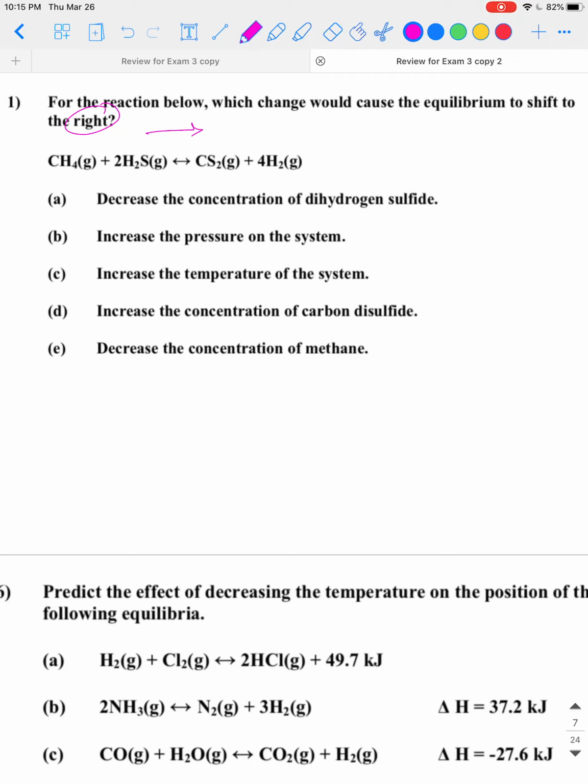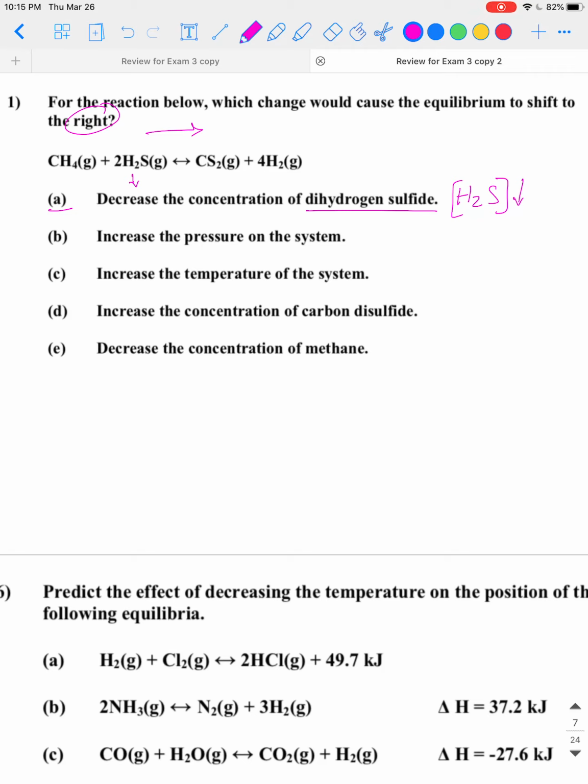Let's start with A. If we decrease the concentration of dihydrogen sulfide, what is dihydrogen sulfide? H2S. And we are taking the concentration of it and decreasing it. So if we decrease H2S, remember equilibrium is going to want to shift in a direction that replaces whatever we take away.